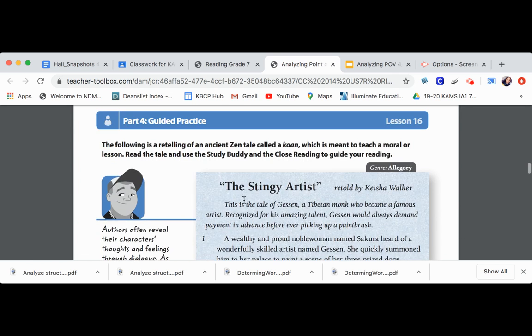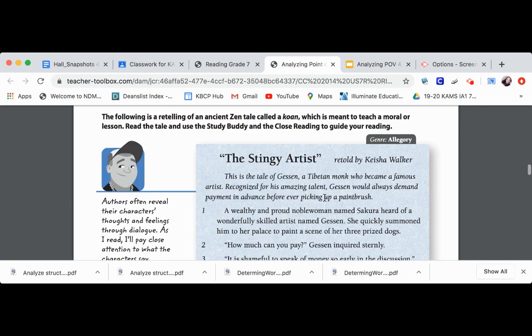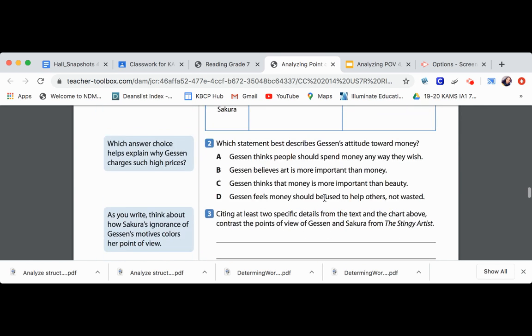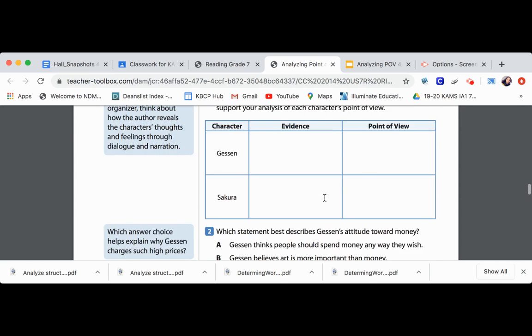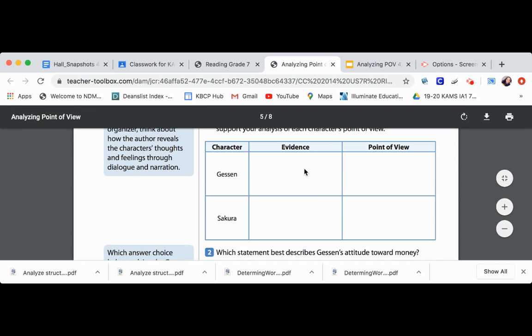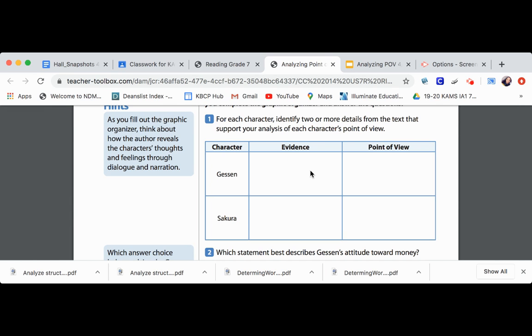You're also gonna go ahead and do your guided practice reading this thinking artist and answer the questions for this one. No, you will not find this chart in the Google Forms, but you will find each character name, and you're just going to put the evidence and the point of view in that paragraph provided for you to type in, okay?